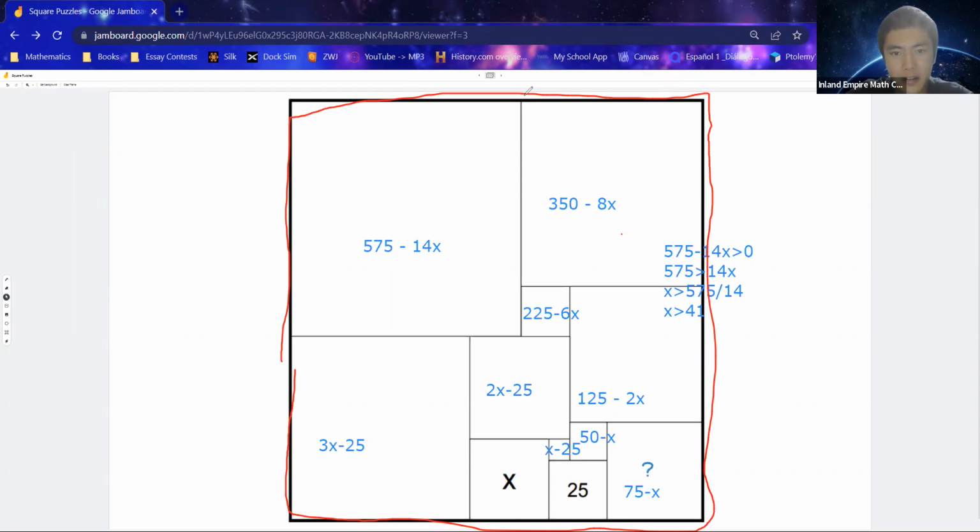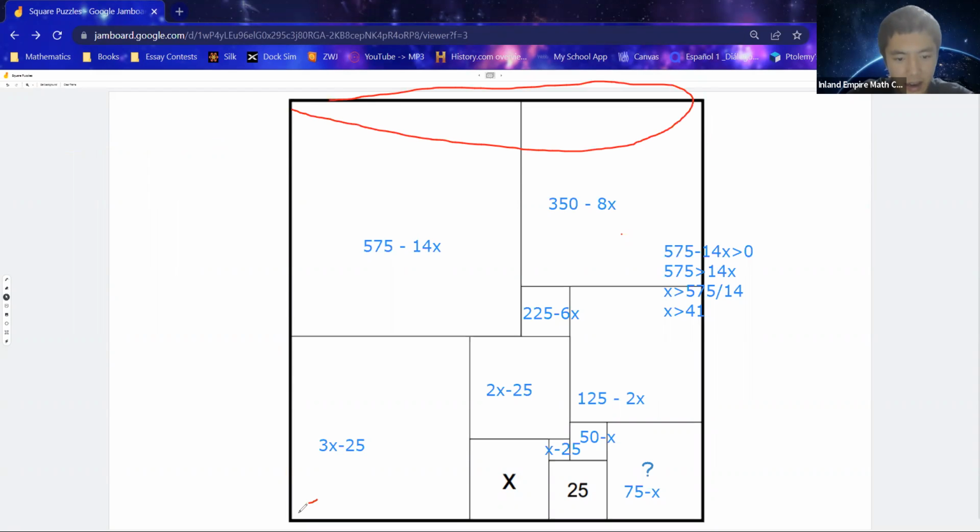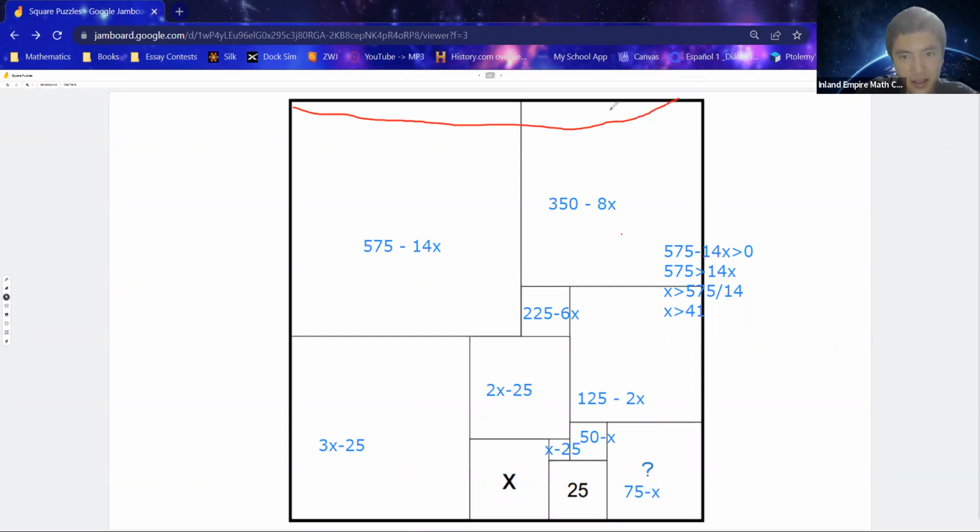Well, if it's a rectangle, then we can say that these two side lengths are the same, right? Correct. Okay. So if we set the side lengths of these two sides equal to each other, they have to be equal, right? It has to be a true statement, right? Yeah. Okay, so can you tell me the side length of this side in terms of x?